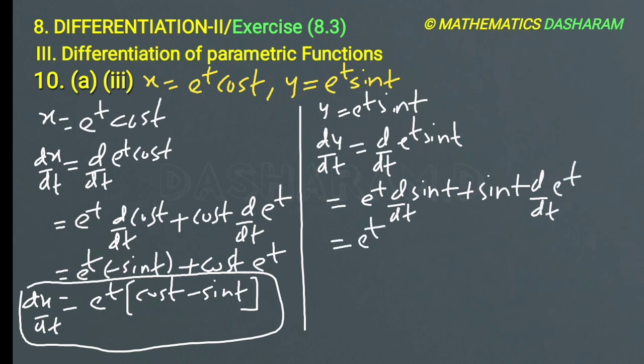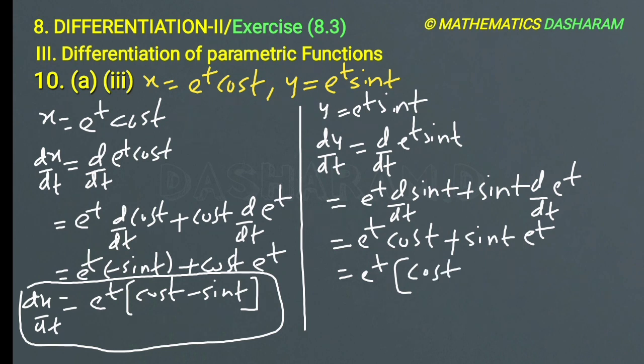So e power t into derivative of sin t is cos t, plus sin t into derivative of e power t is e power t itself. Now e power t common, so then cos t plus sin t. So this is dy by dt.